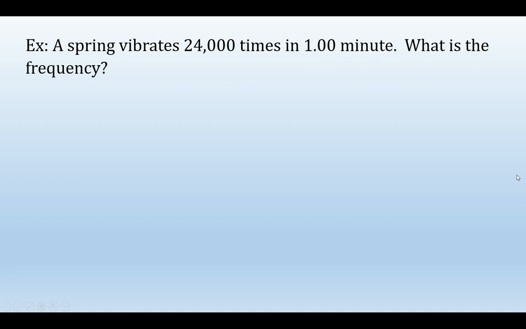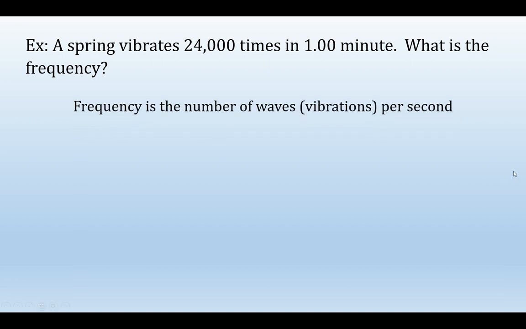So we take this example, a spring vibrates 24,000 times in 1 minute. What is the frequency? Now, frequency is how many waves go by in 1 second. So we have to kind of think about this. How many seconds do we have, right? We were given minutes. And 24,000 waves go by in that 1 minute.